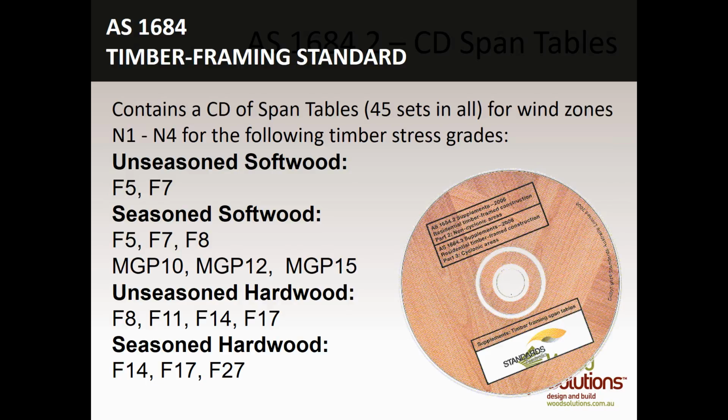Typically you just specify it as MGP 10 unless you're on the edge of what's suitable. Let's say a 90x45 MGP 12 will do it, but 90x45 MGP 10 won't. Then you specify it as 12, but typically just specify everything as MGP 10, and the builders can use what they want. So you'll be using that one.